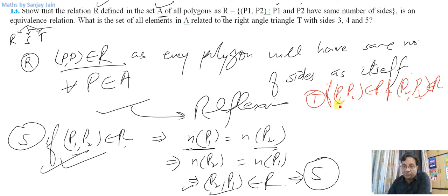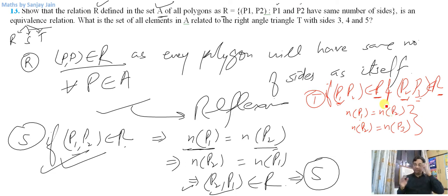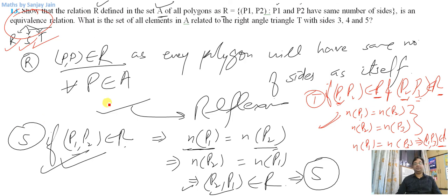So obviously it will belong to R because P1 P2 belonging to R means number of sides of P1 is equal to number of sides of polygon P2, and P2 P3 belongs to R will mean number of sides of polygon P2 is equal to number of sides of polygon P3. This will imply that number of sides of P1 is equal to number of sides of P3, and that will mean P1 comma P3 belongs to this relation R, making it a transitive relation. So I have shown you reflexivity, symmetry and transitivity, making it an equivalence relation.